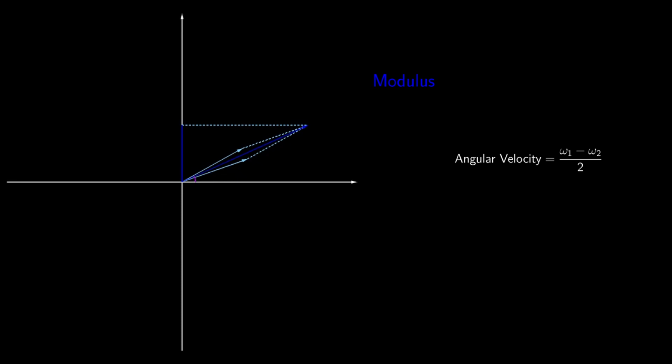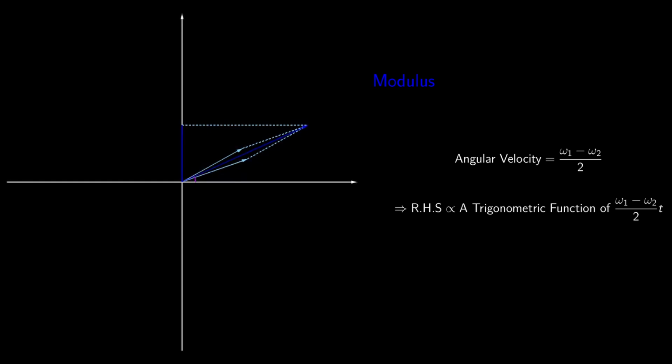However, remember that each sinusoid function has two peaks, one above the x-axis and one below. Therefore, the true period for the modulus would be double what we have, which would yield half the angular velocity. Therefore, we have this expression.